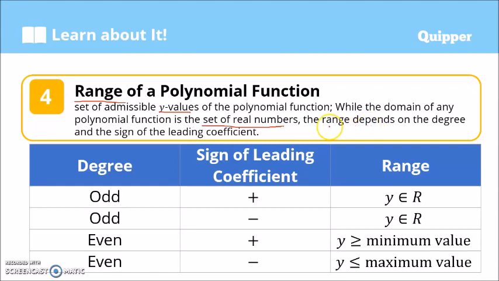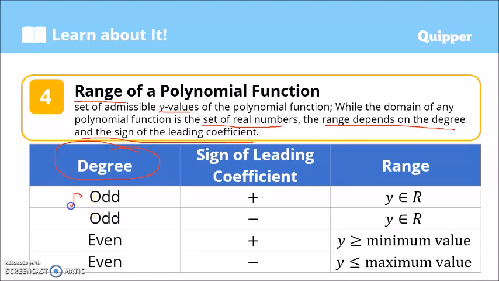The range, ang range niya, depends on the degree and the sign of the leading coefficient. Okay? So, kapag ka-range ng polynomial function, we need to look at the degree of the polynomial and the sign of the leading coefficient. So, let's look at the degree first.